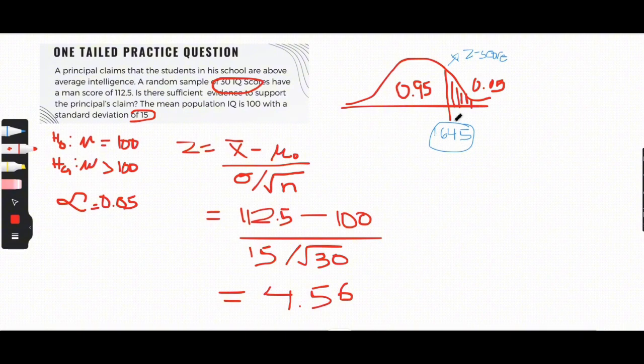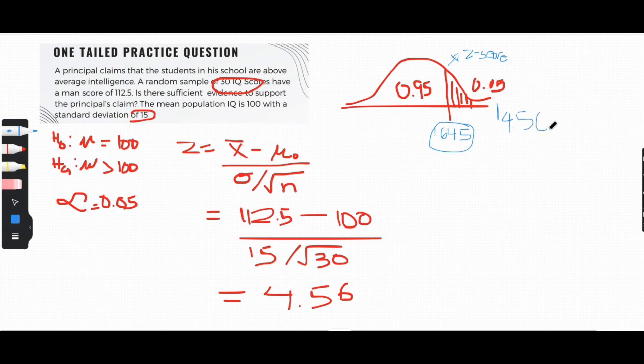So now we're going to identify which region we are going to put the 4.56. So if our z, or the critical value, is around here, 1.645, that means our z value will be put somewhere here, 4.56.